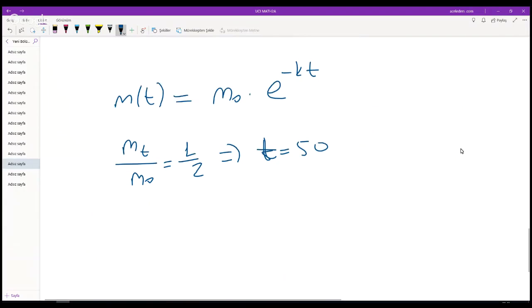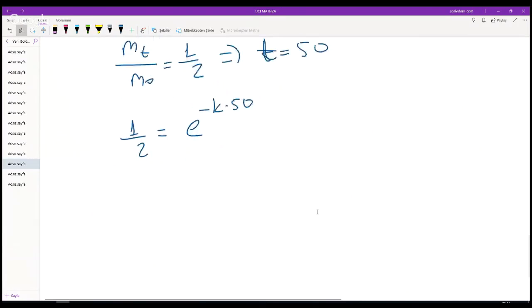So to find k, what are we going to need? 1 over 2 equals e to the power minus k times 50. Am I correct? Because when t is 50, we have the half-life, so M(t) over M0 is 1 over 2.